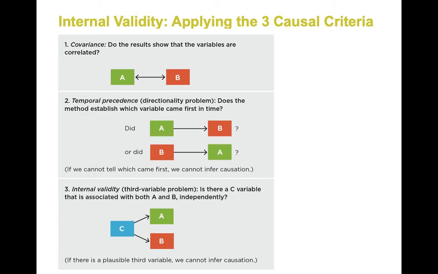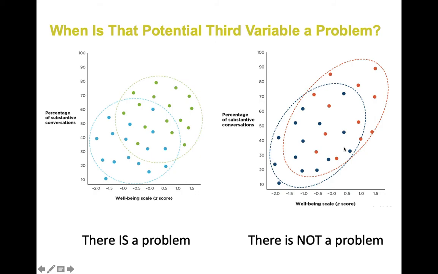So any study that would measure the association between SAT and GPA would run into those third variable problems, even if they had established the covariance and temporal precedence criteria.